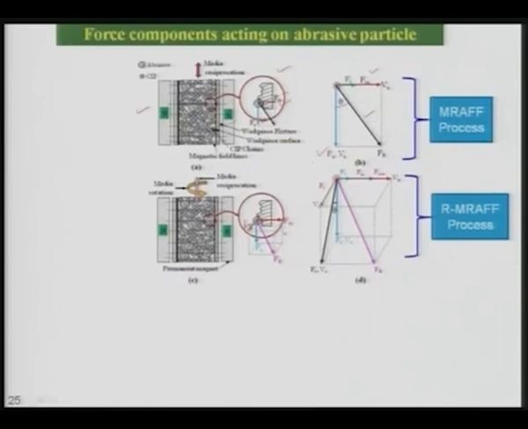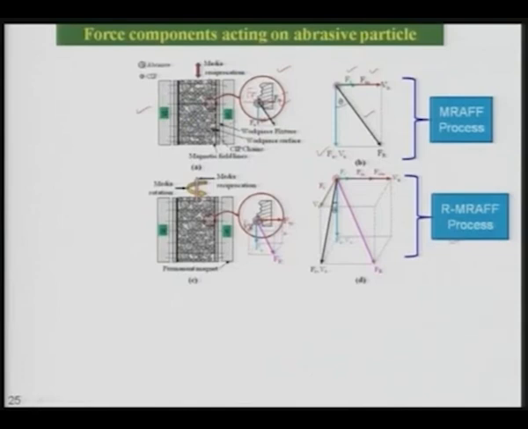So there are two forces, Fm and Fr, which are shown here. They are responsible for the penetration of the abrasive particle inside the workpiece. That is, this force Fm is there, and here you have Fr also. So both these forces are responsible for penetration, and axial force is responsible for removal of material in the form of the micro nano chip.